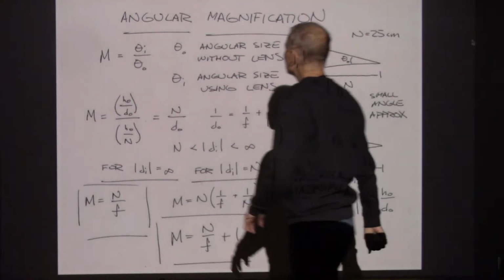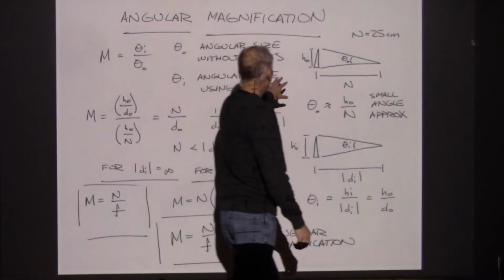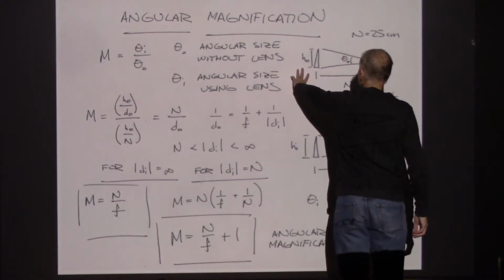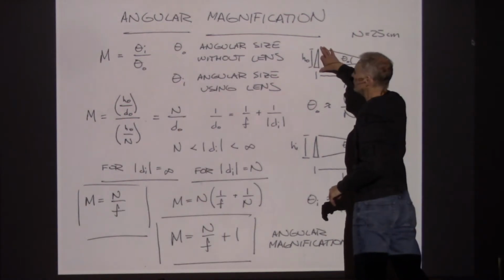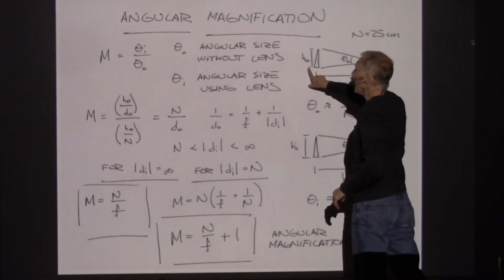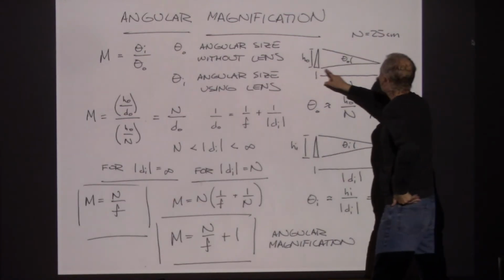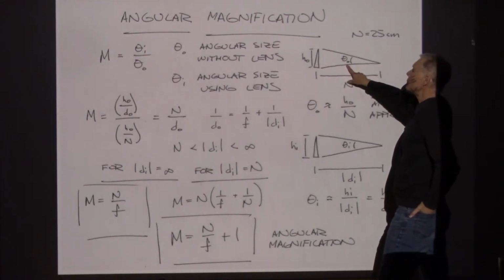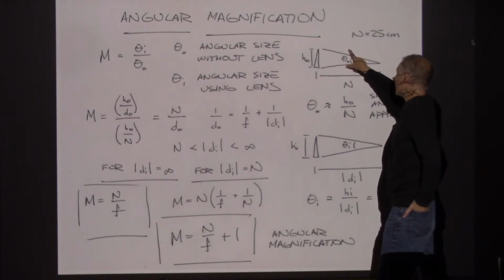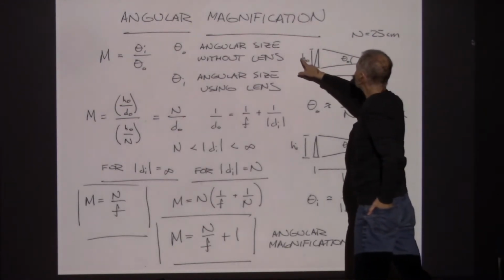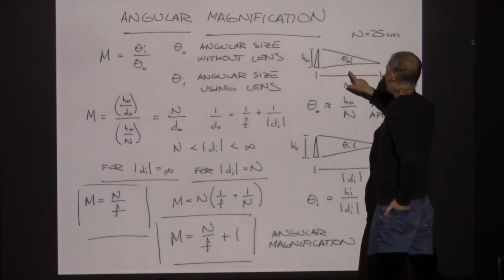Angular magnification actually is based on the angular size of an object. So let's say that I have an object and its height is HO. This is what we've been looking at before. Well, what's its angular size? Well, the angular size is going to be theta object, and the theta object, to an approximation, is given by HO over n.